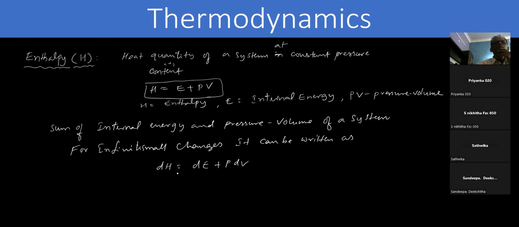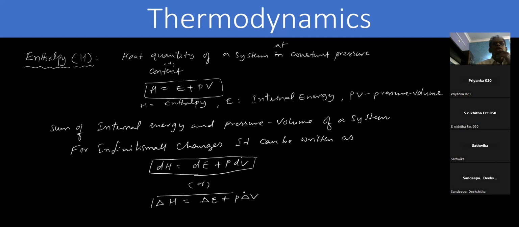This is another form of the equation for enthalpy. Or sometimes we can also write delta H equals delta E plus P delta V. It is another expression for enthalpy.